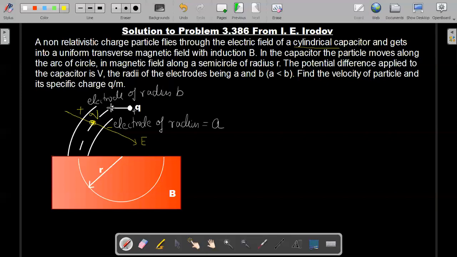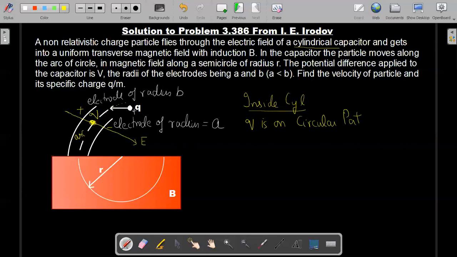So the charged particle Q, which is moving along this dotted arc, there must be a force on that charged particle which should be radially inward, and that force is Q into E. So inside the cylinder, since the particle is moving on a circular arc, there must be a force towards the center of that arc, and also the force has to be equal to the required centripetal force for the particle to be moving on a circular trajectory.